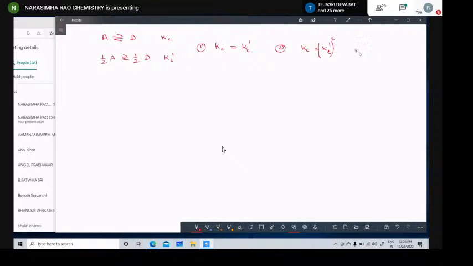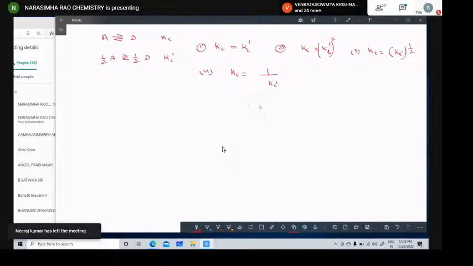My third option is Kc equal to Kc dash whole power 1/2. My fourth option is Kc equal to 1/2 Kc dash.